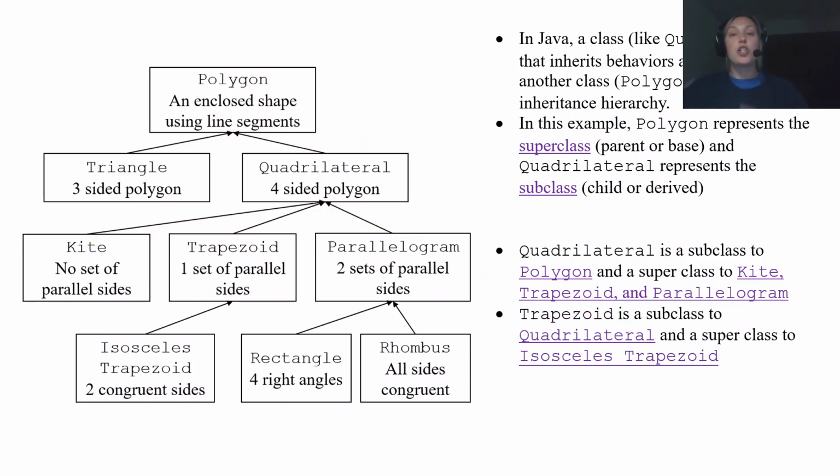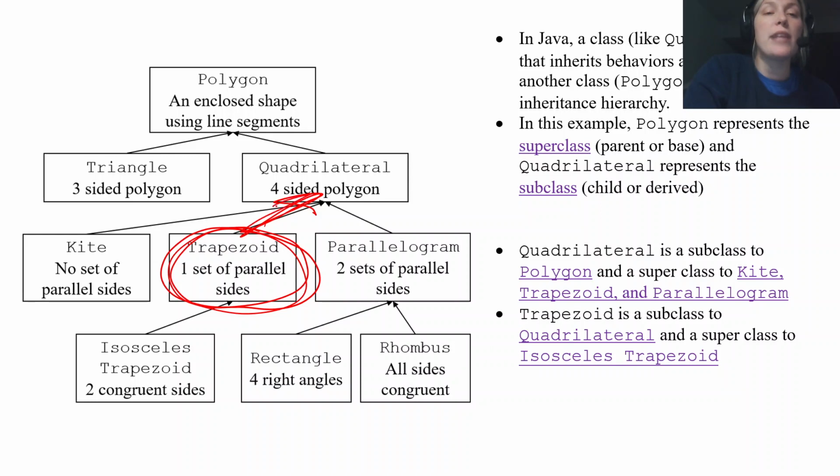Okay. Trapezoid here is a subclass to quadrilateral. So quadrilateral is trapezoid's super, and trapezoid would be the sub. Or we could say trapezoid is our super, and isosceles is the sub. Okay, all right. So it's all about where it falls in the hierarchy. Sometimes it's the super, sometimes it's the sub.